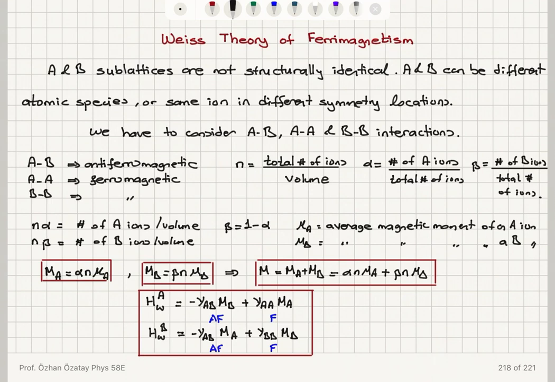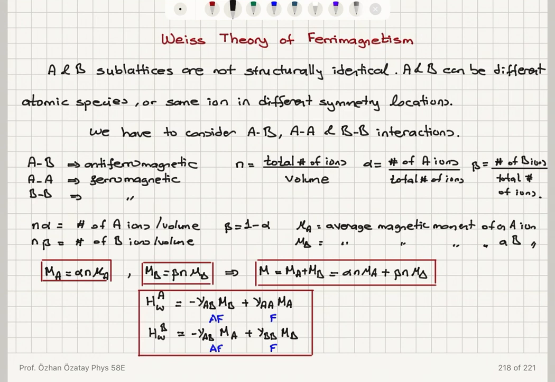Calling the number of A ions per volume N alpha, and B ions per volume N beta, with alpha the fraction of A ions, beta the fraction of B ions, and N the ion density, total number of ions per volume, we can write the A sublattice magnetization as alpha N mu A, B as beta N mu B, and we can add them up to get total magnetization.